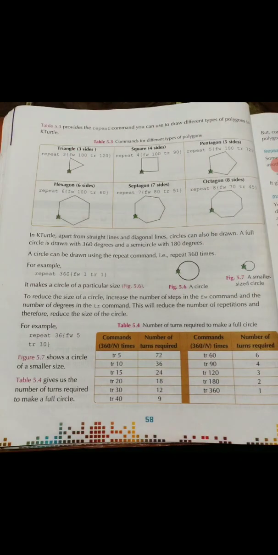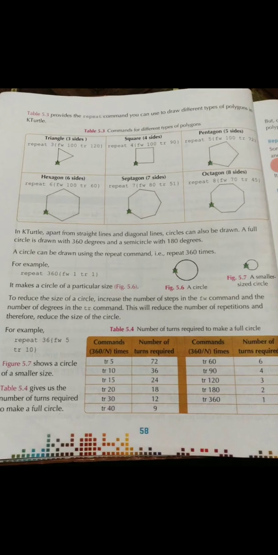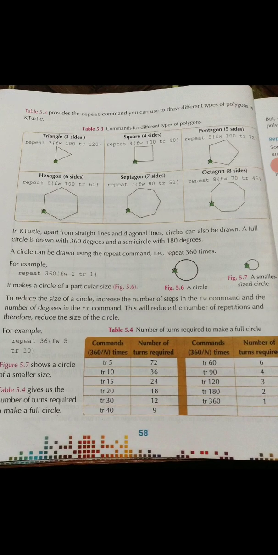Then you look at page number 58. Table 5.3 provides the repeat commands you can use to draw different types of polygon in KTurtle. So here in 5.3 you will find different shapes of polygon.